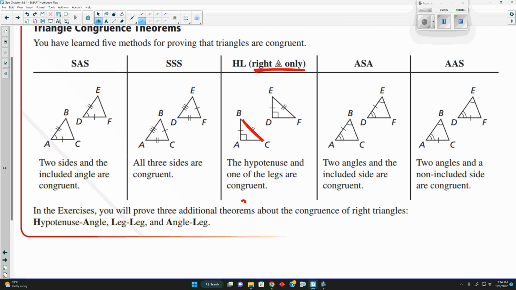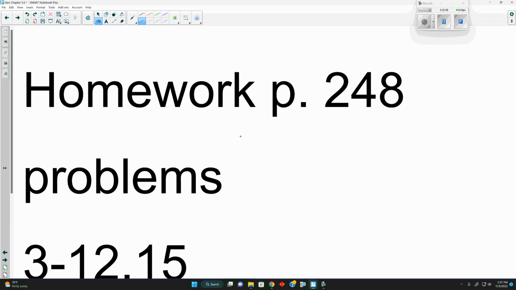Hypotenuse is the side opposite the right angle and one of the legs. But side, side, side, side angle side, angle side angle, and angle, angle, side all do work, and we can use those for showing that two triangles are congruent. And that is it.